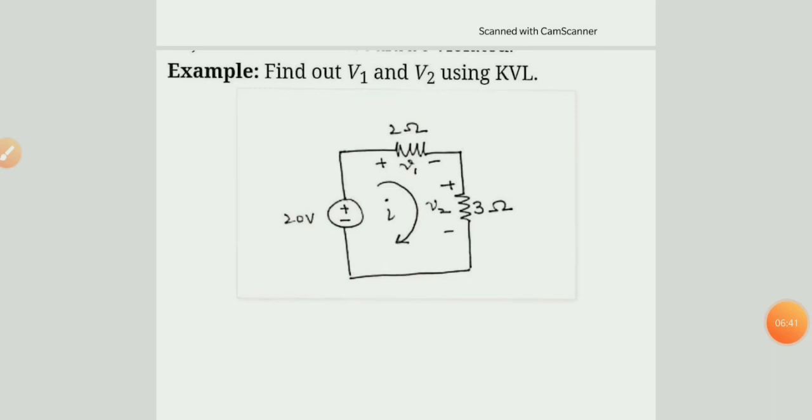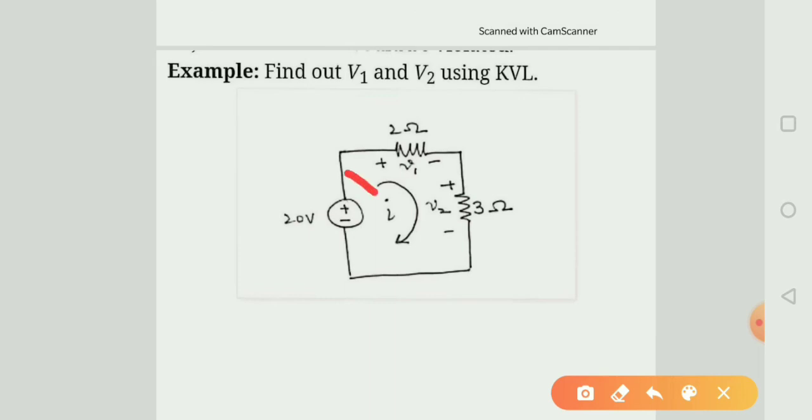Here another example is to find V1 and V2 using KVL. This is an electrical circuit. Here the source is a voltage source of 20 volt and two elements are connected here, resistance R1 and R2. The value of resistance R1 is 2 ohm and the value of resistance R2 is 3 ohm.